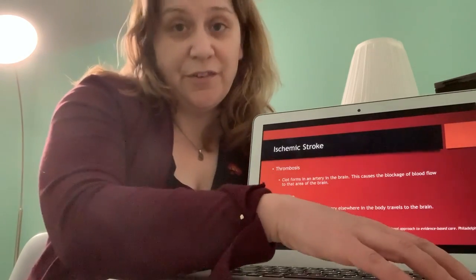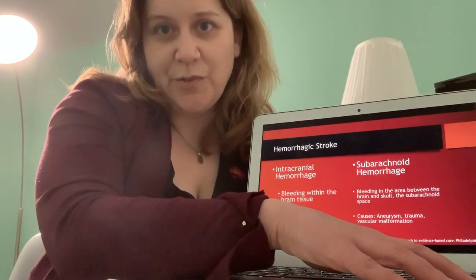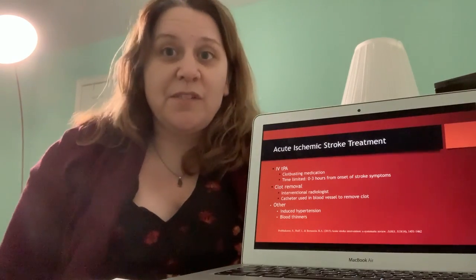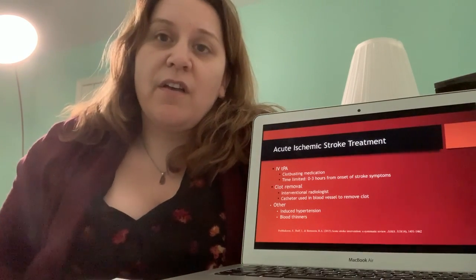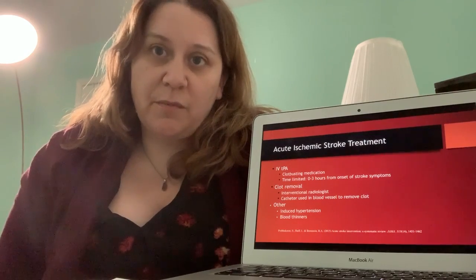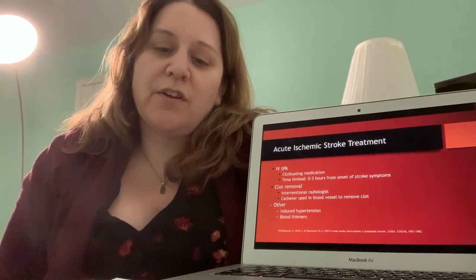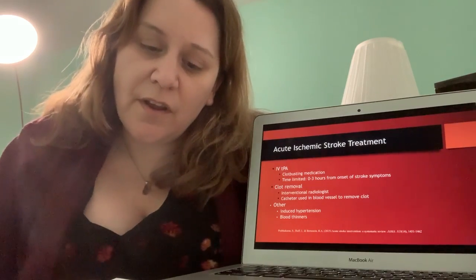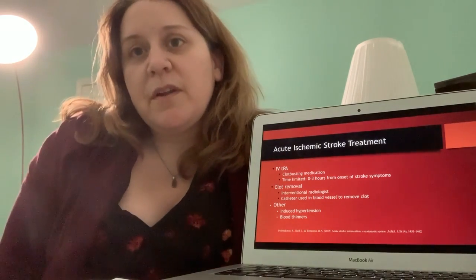So there are different treatments for different types of strokes. For the ischemic stroke, it's time sensitive. If it's less than 3 hours before the onset of stroke symptoms, an ischemic stroke patient can be treated with IV TPA. That's a clot busting medication, but it's time limited.